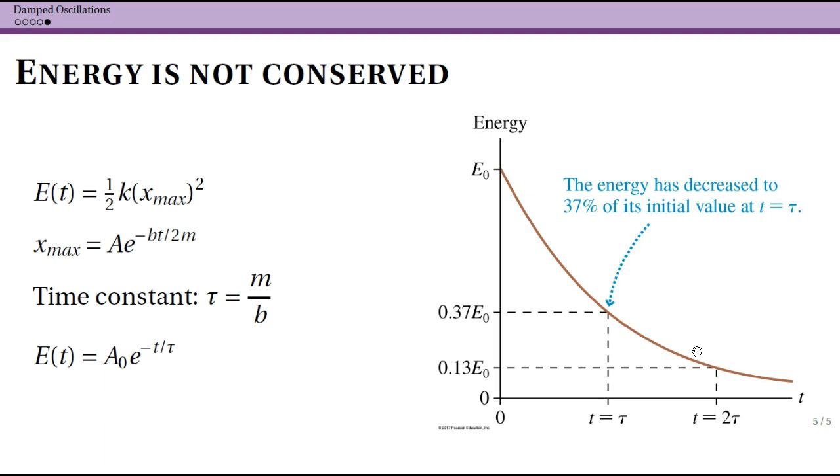Now in physics, we frequently put any equation like this into the same form, where we create what we call a time constant. We could call this 2m and then have it like this, or you could keep the 2 in the exponent, but I would say it would be better to just put the 2 here. So our time constant is 2m over b, and then we see that we just have an exponential decay.